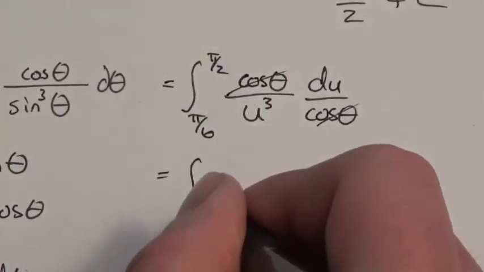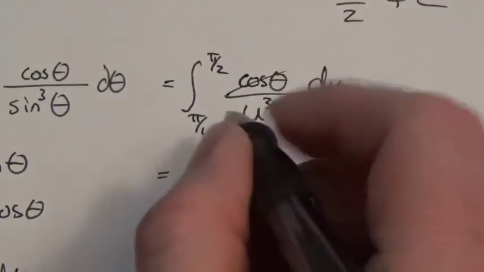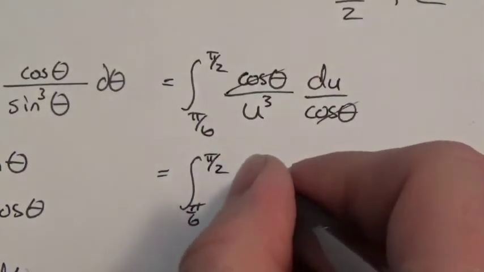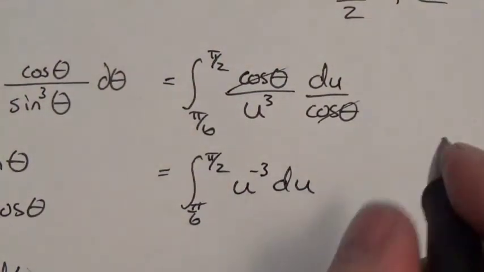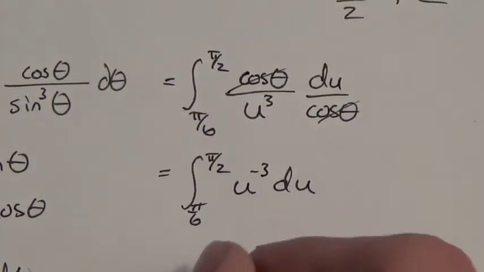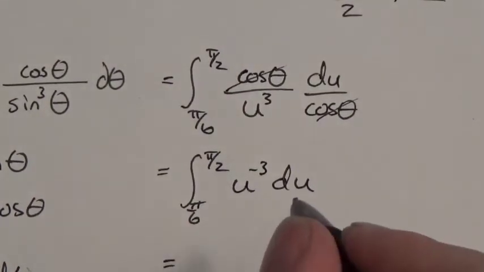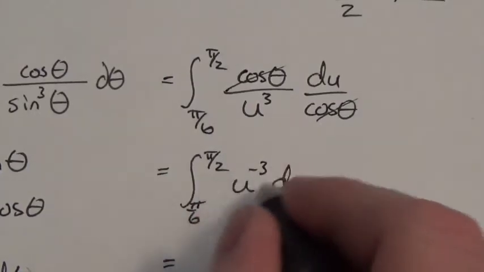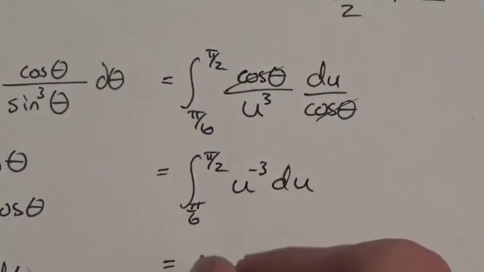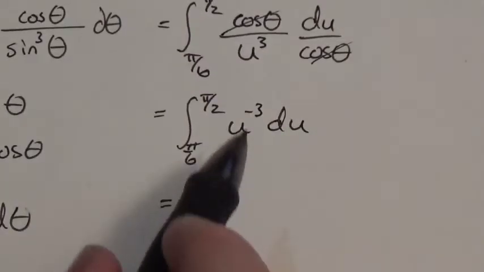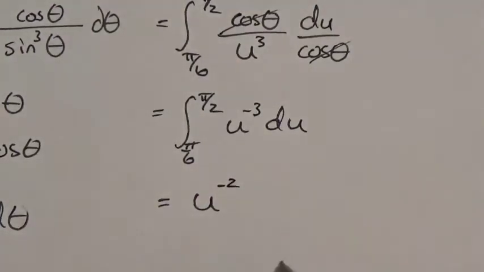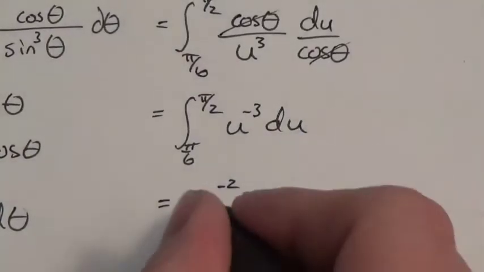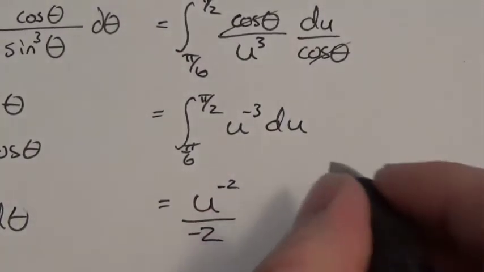So now I'm left with the integral from pi over 6 up to pi over 2 of u to the negative 3 du. When I take the integral of that, it's going to be u to the negative 2, because remember I'm increasing the exponent by 1, so u to the negative 2 divided by negative 2.